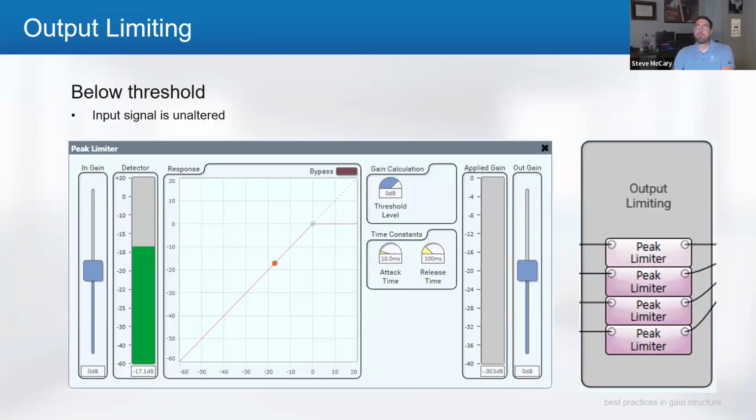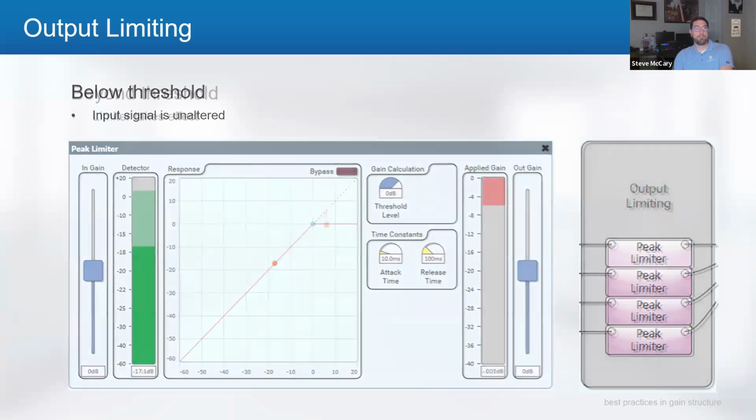But generally speaking, we would typically set our threshold at about -3. Really what this is saying is any signal that comes in above -3, we want to just lop that off the top so that we don't damage anything on the output side of our analog feed.